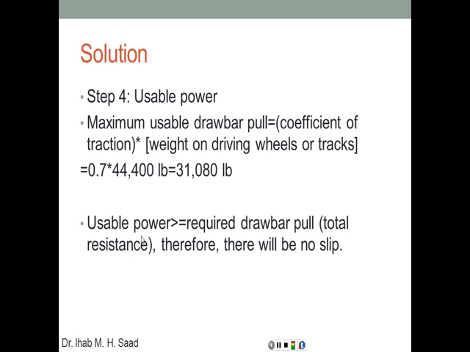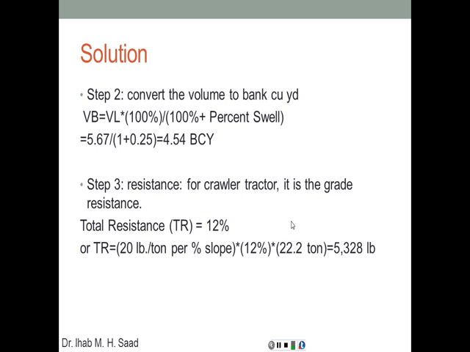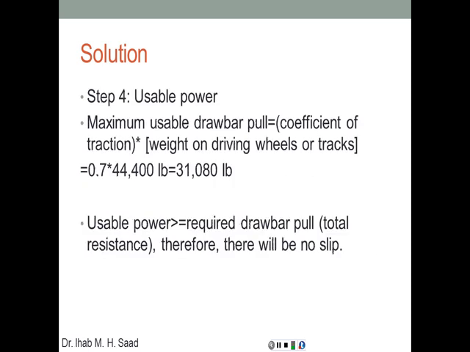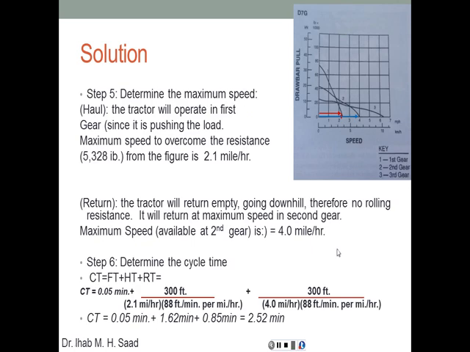The usable power that's available is greater than the required drawbar pull. Required drawbar pull is to overcome the resistance, which is the 5,328. So we have much more than that. Therefore, the equipment is going to be able to move without slip. So that's the first step. Yes, this equipment can move forward.